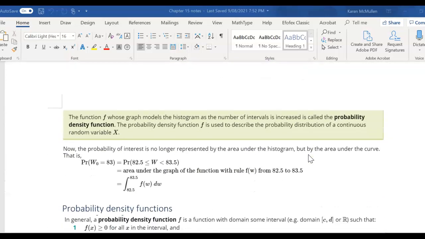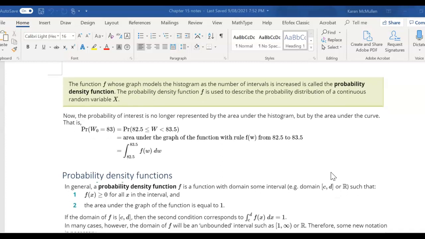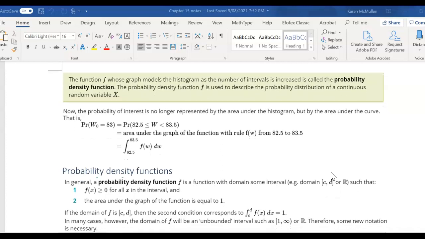The function f, whose graph models the histogram as the number of intervals is increased, is called the probability density function. The probability density function f is used to describe the probability distribution of a continuous random variable. Now, as you are aware, we've done definite integrals to find the area under the graph. That's basically what we do for probability density functions.